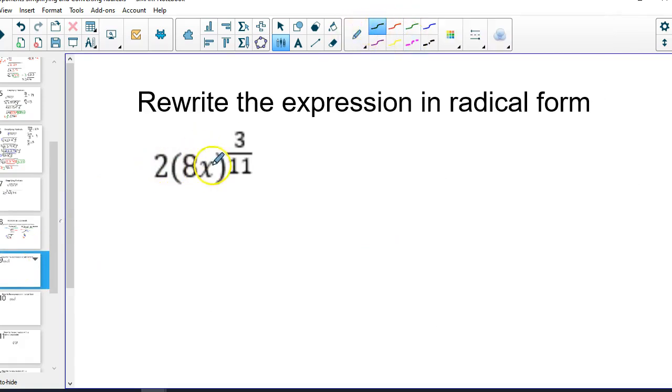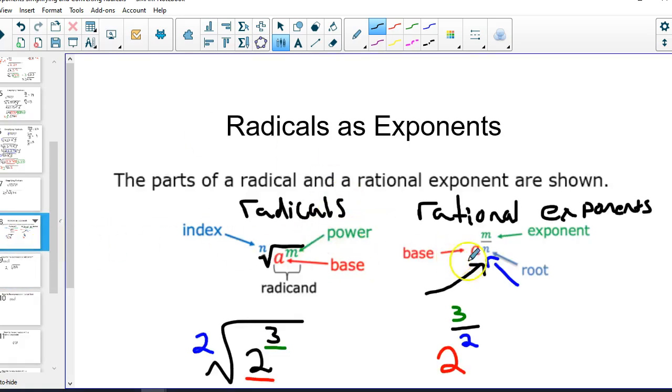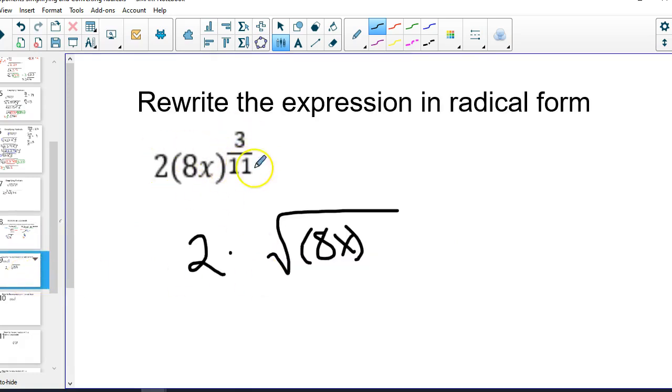So if I had 2 times 8x to the 3 over 11, well, 2 is not connected with this exponent, but if I wanted to turn this into a radical, my 8x stays in here. That is our base. Whatever is being raised to the power, that's your base.